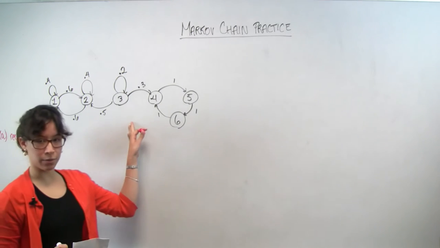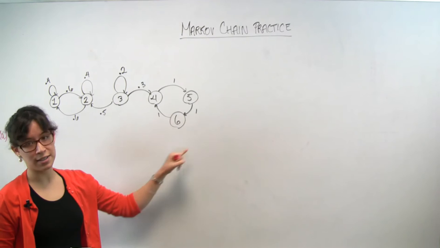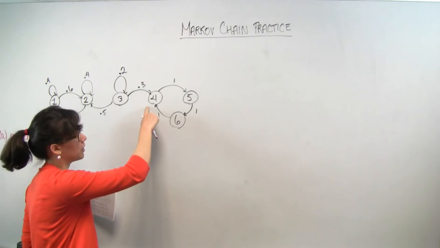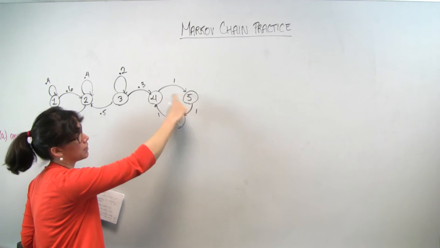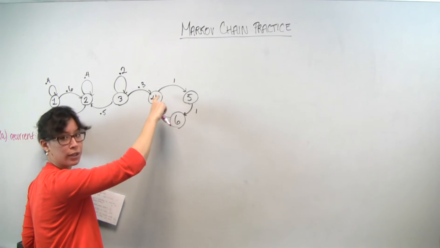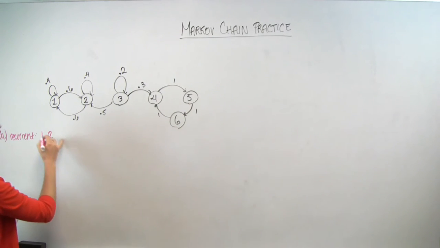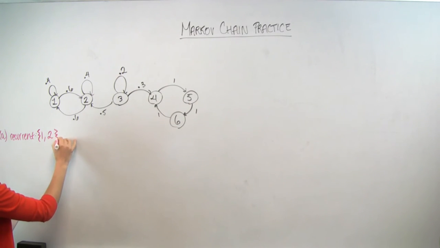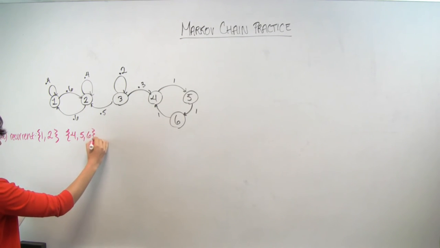We said 3 wasn't recurrent, and hopefully you can eyeball pretty quickly that 4, 5, and 6 are recurrent. Anywhere you can get to from 4, which is essentially only 5, you can always get back to 4 by going 6, 4. Same thing holds for 5 and for 6. So we have 2 recurrent classes, 1 and 2, and 4, 5, and 6.